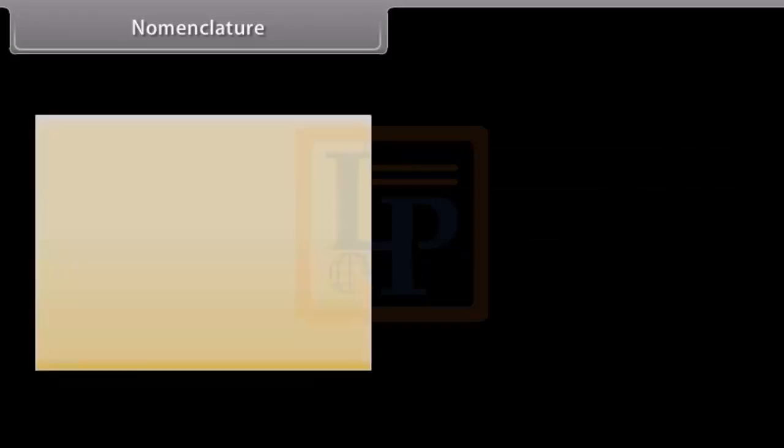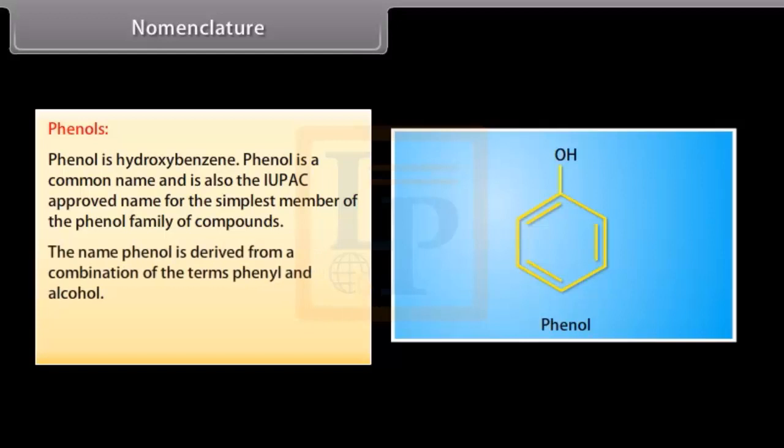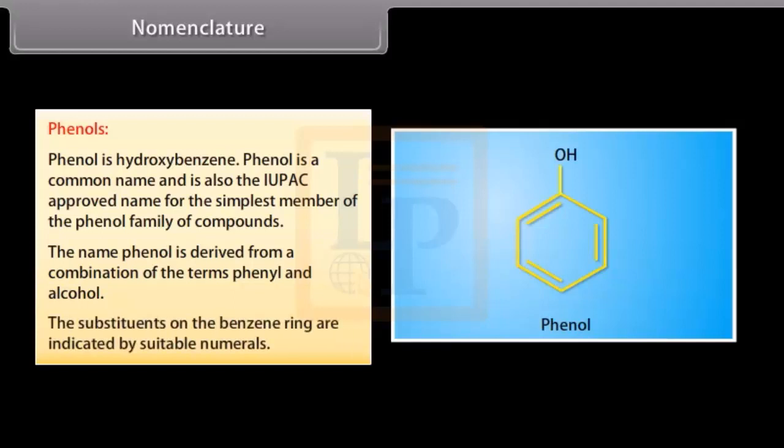Nomenclature: Phenols. Phenol is hydroxybenzene. Phenol is a common name and is also the IUPAC approved name for the simplest member of the phenol family of compounds. The name phenol is derived from a combination of the terms phenyl and alcohol. The substituents on the benzene ring are indicated by suitable numbers.